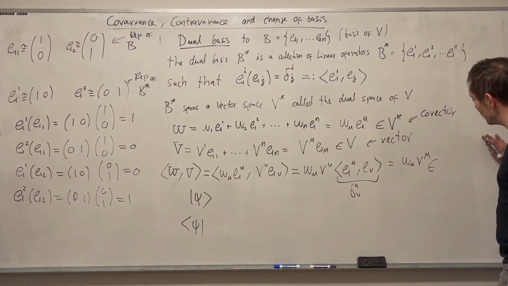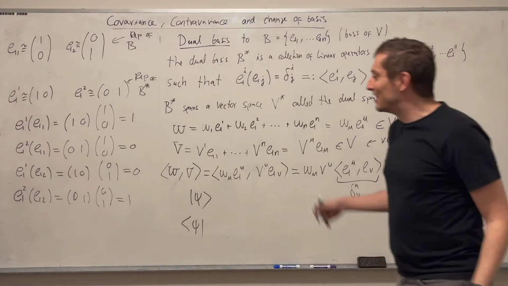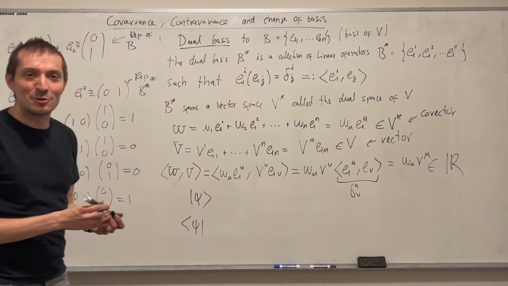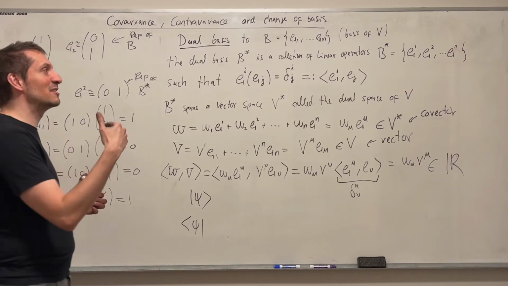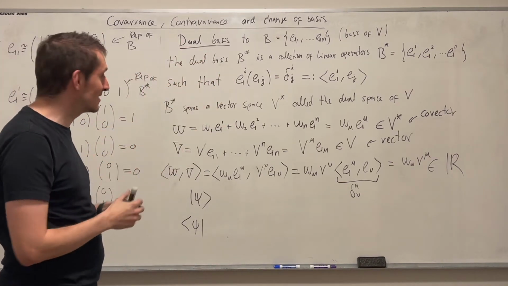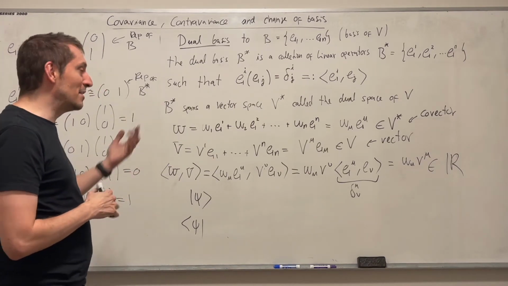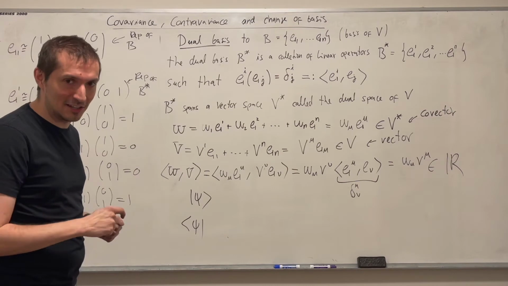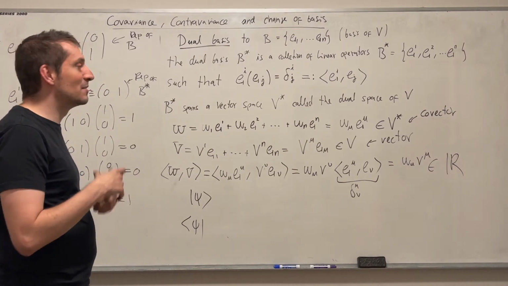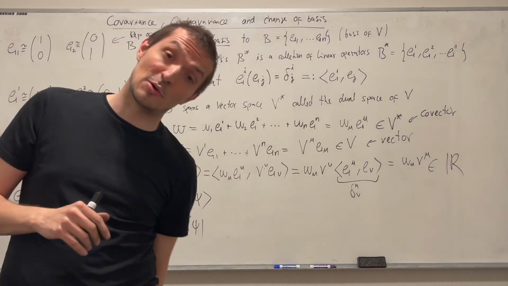This contraction is a real number, a sum of components. This is literally the same as what you do in quantum when you consider the space of bras versus the space of kets. If the space of kets is the vector space, then the space of bras is the dual to that. Now in quantum you have an inner product, and norms that come from that inner product. You work with Hilbert spaces, so a little bit more structure than so far.